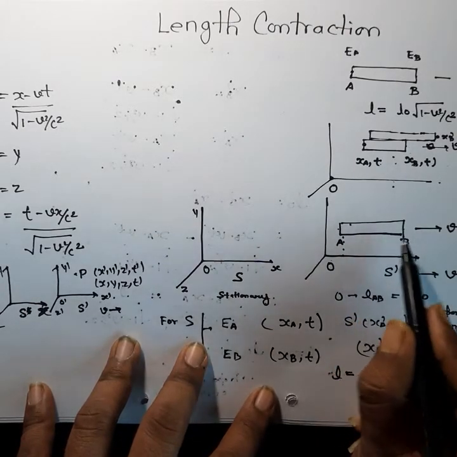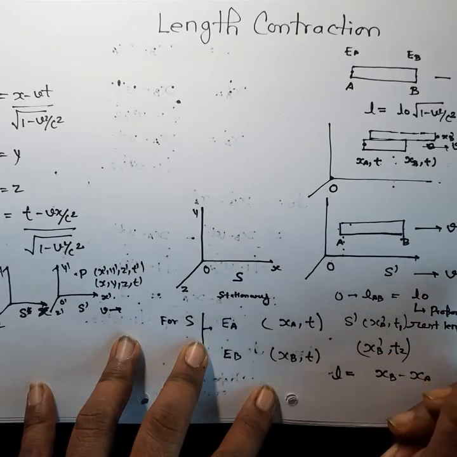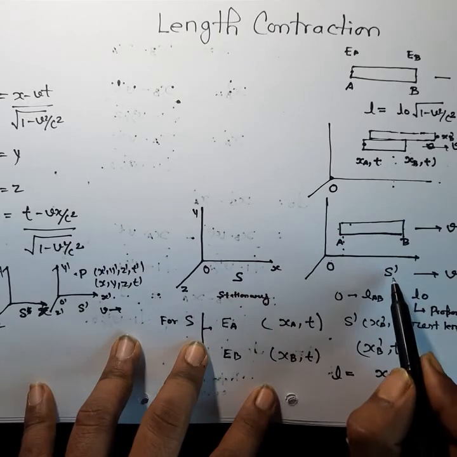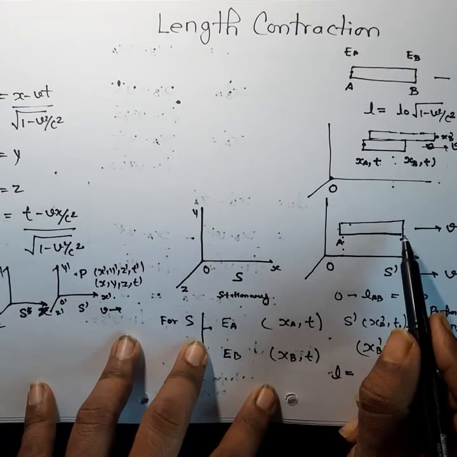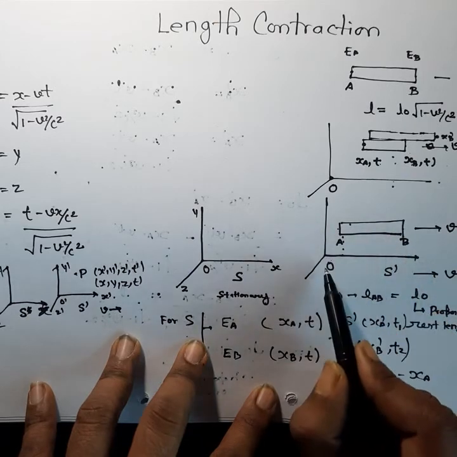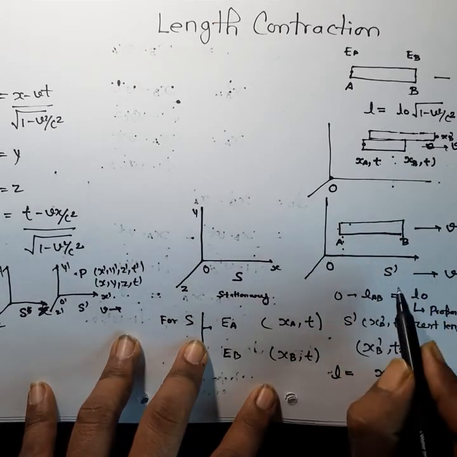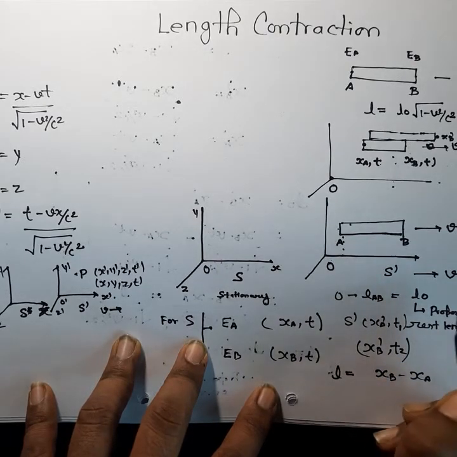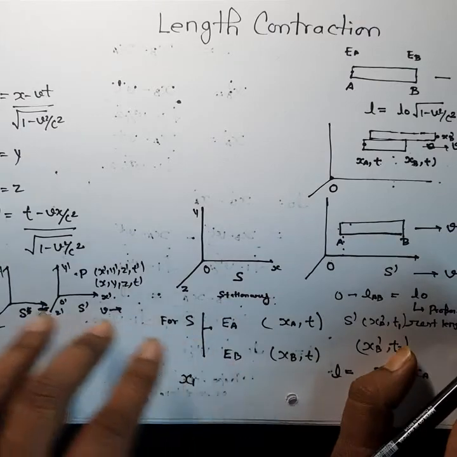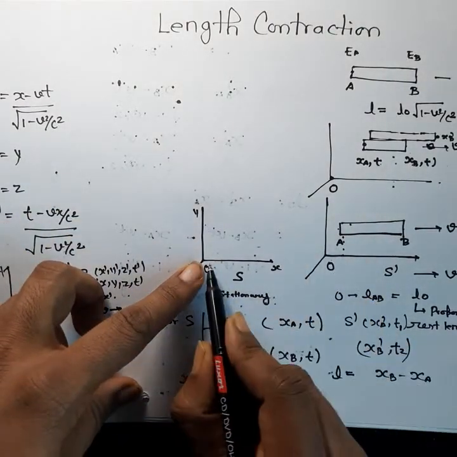Since the rod is moving with velocity v and the S dash frame of reference is also moving with velocity v, with respect to the S dash frame of reference this rod is at rest. Since this rod is at rest in this frame of reference, the length measured by the S dash frame of reference is called its rest length or proper length. But for the observer, its length will be different.